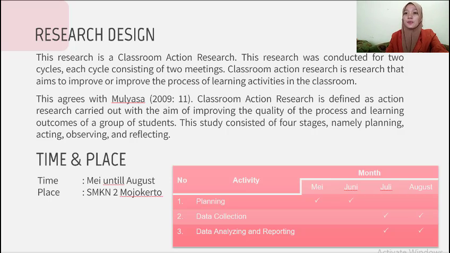This agrees with Mulyasa, 2009. Classroom action research is defined as action research carried out with the aim of improving the quality of the process and learning outcomes of a group of students.